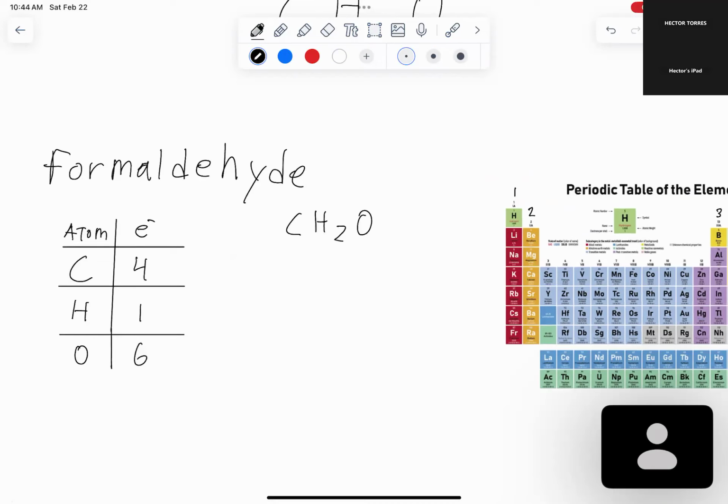When we add them up, we're going to have 4 plus 1 plus 6. However, we need to keep in mind that there are 2 hydrogens, not just one. To account for that, we're just going to times this by 2. That way, we know that each of those hydrogens brings in 1 valence electron. So the total for this molecule is going to be 12.